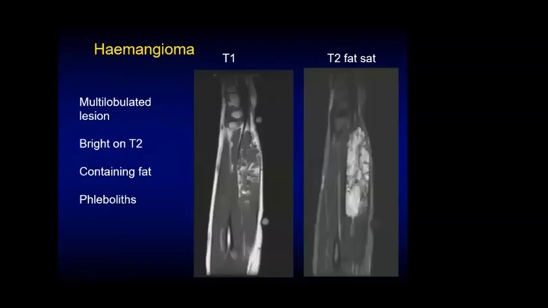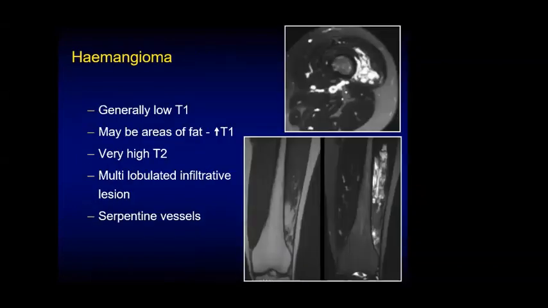And what we are seeing on the MRI scan, again, the tumor will have intermediate signal intensity on T1, but it's the presence of the interlacing fat. So this is the interlacing fat here. And also on the T2 fat saturated sequence, you will see that the tumor is predominantly hyperintense, and sometimes you may see flow void within it, and that's the presence of the vascular network within the tumor.